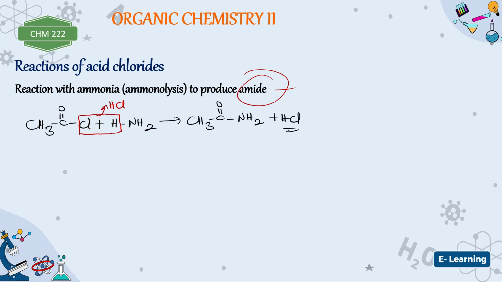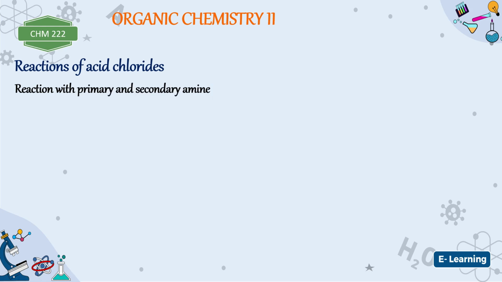Is that okay? Now the next one is the reactions with primary and secondary amines. They are also going to form substituted amides. They are going to form what? Substituted amides. So in this case, if you have something like this plus this, this is the primary amine.